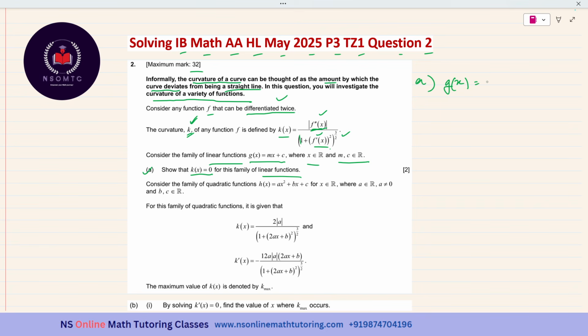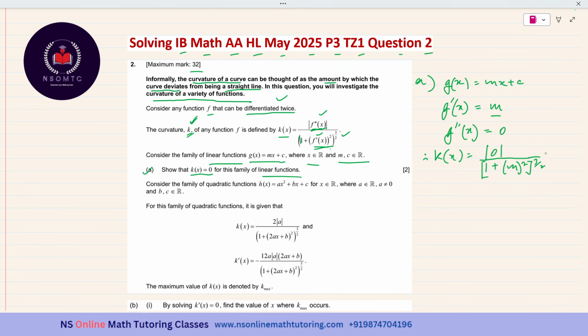g of x equal to mx plus c. Therefore, g prime of x will be equal to m and g double prime of x will be equal to 0. So k of x should be equal to the absolute value of 0 over 1 plus m squared, since f prime x is g prime x, which is m, and this is raised to the power of 3 over 2.